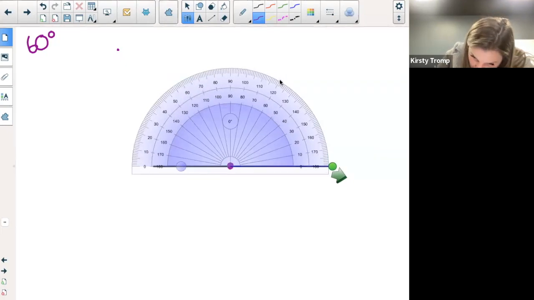And I'm going to go draw my point over there. So there is my point. A bit bigger so we can see them nicely.